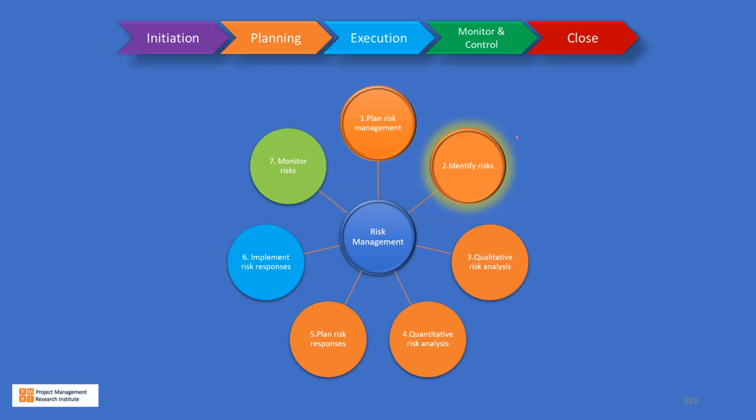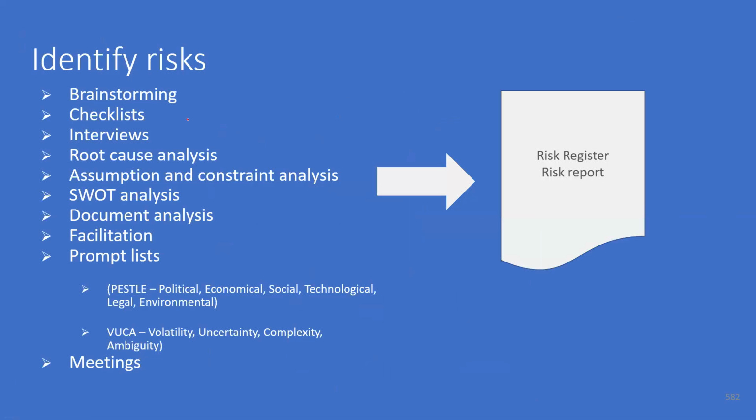Now, the next process is identifying the risk. The tools and techniques: brainstorming, checklists, interviews, root cause analysis, assumption and constraint analysis, SWOT analysis, that is strengths, weaknesses, opportunities, and threats. Then document analysis. By analyzing documents, we can always come out with risks.